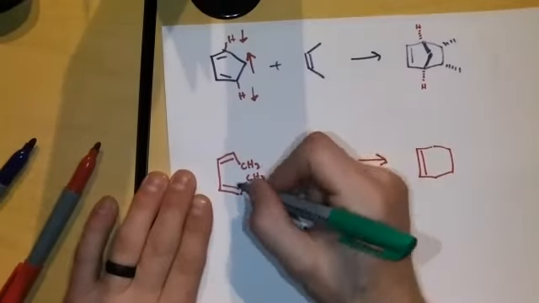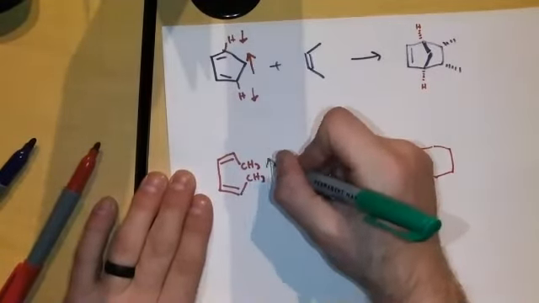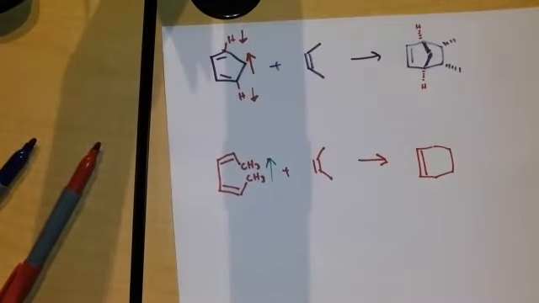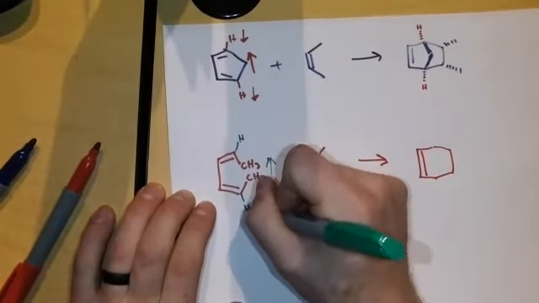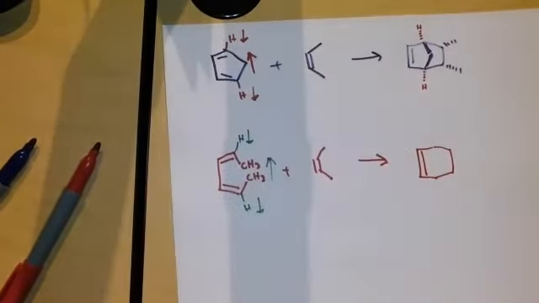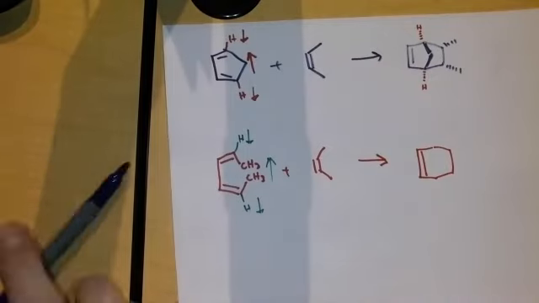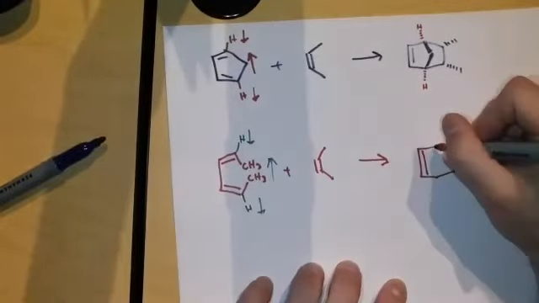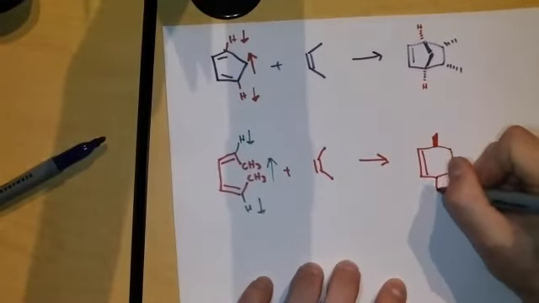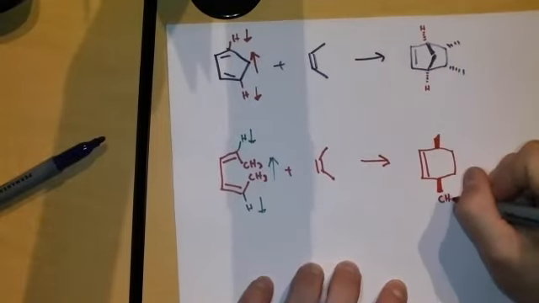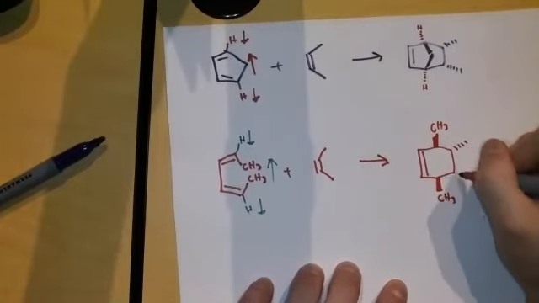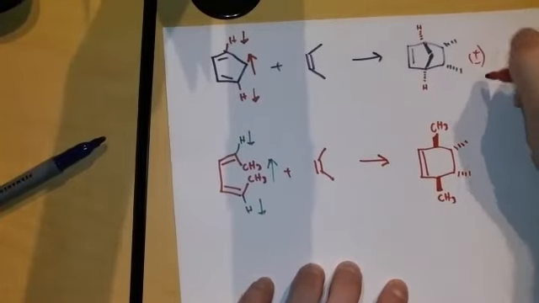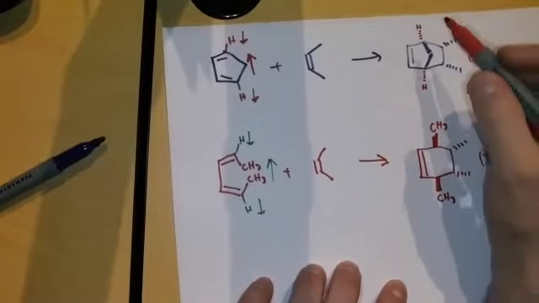The two CH3s that are in the middle are going to get pushed up. The H's that are on the outsides would be getting pushed downward. So because of that, these two CH3s are going to end up as wedges, just like they were wedges here.